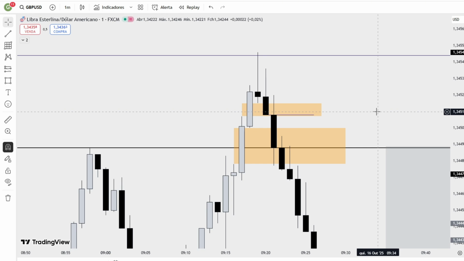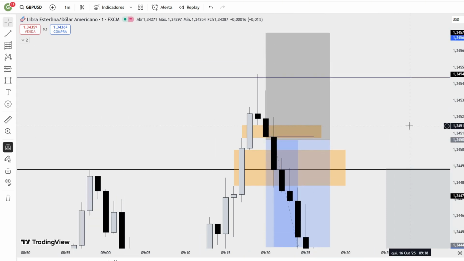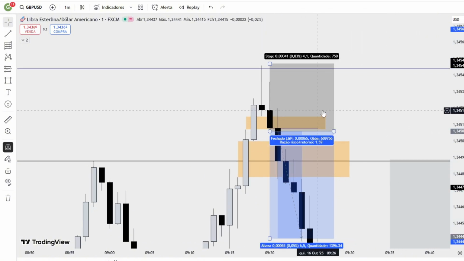The finest thing that can happen is the price closes below, closing out the IFG. So you take your trade right here, closing like this, stop above this high here, and that's it.